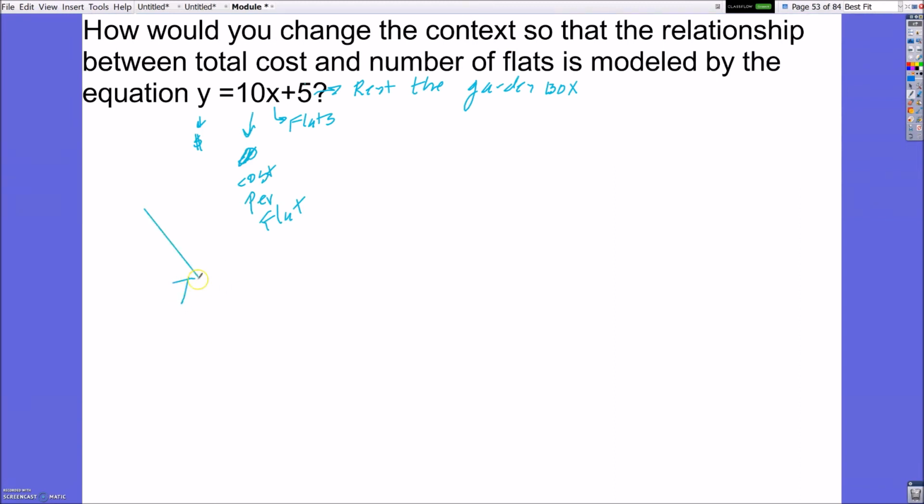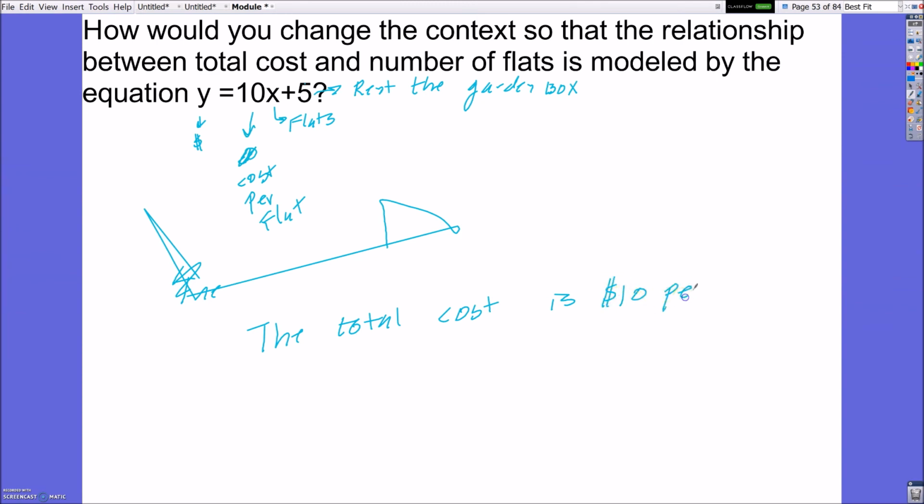So it'd be the total cost. Sorry, I don't know why it's doing that. So the total cost is $10 per flat plus $5 to rent.